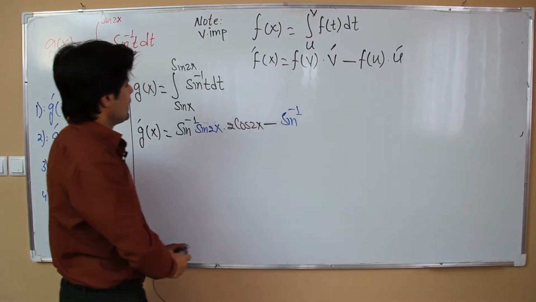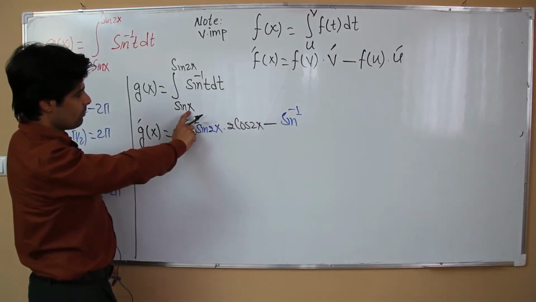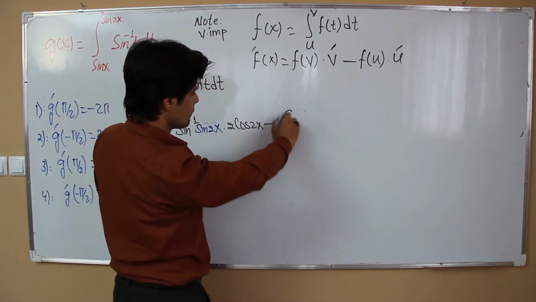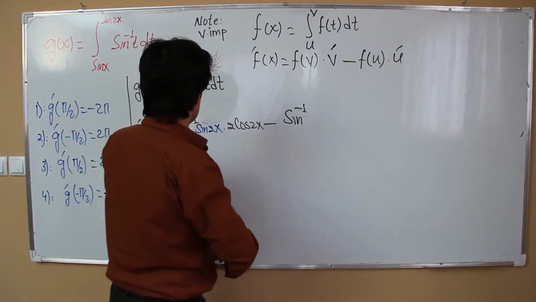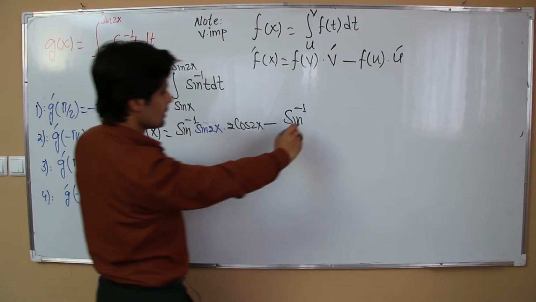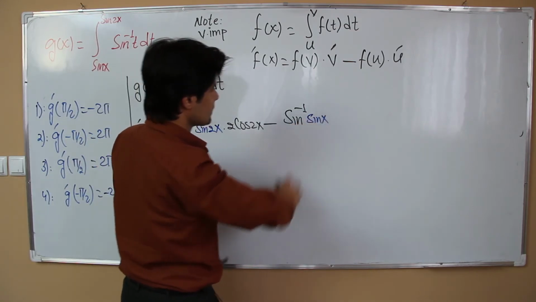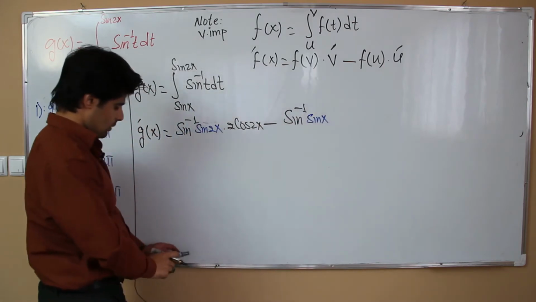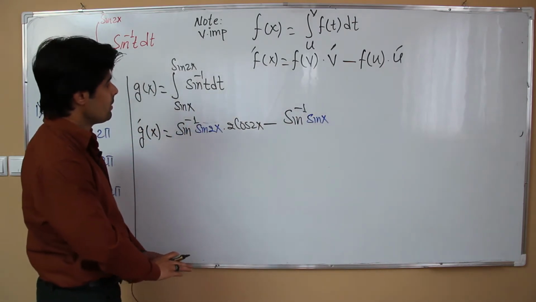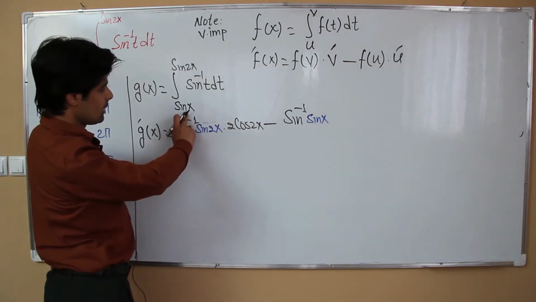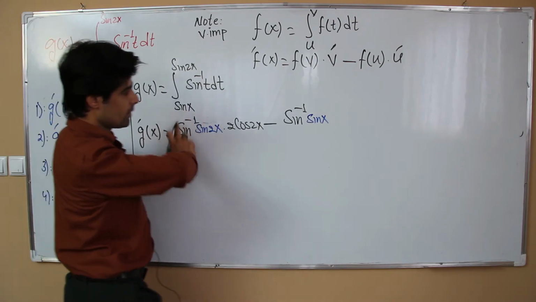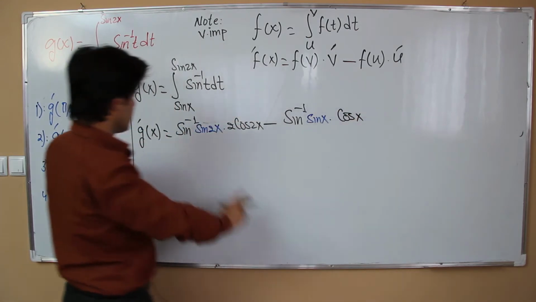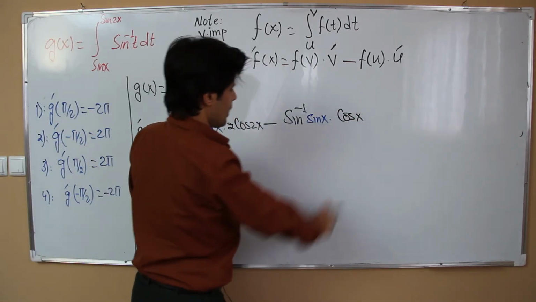Sine inverse, instead of t, you have to put this one, sine x, times u prime. What does it mean, u prime? It means you have to take the derivative of this sine. What's the derivative? It is cosine x. And the derivative of the x is 1.